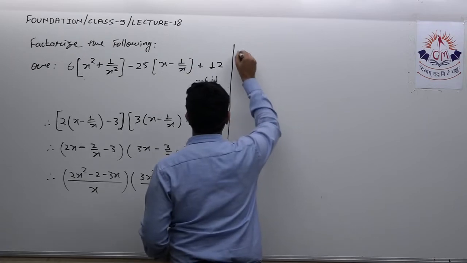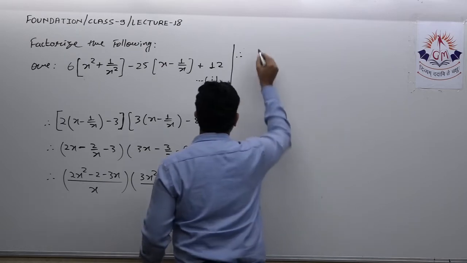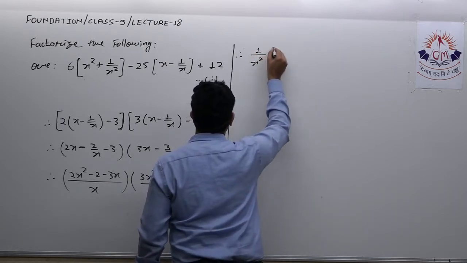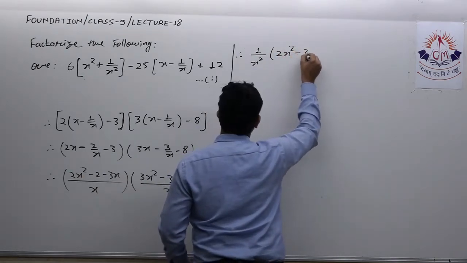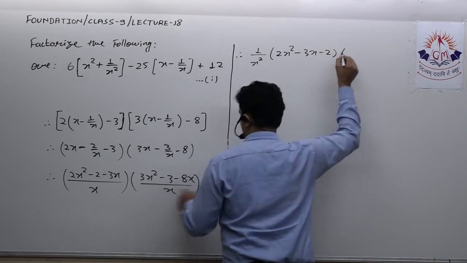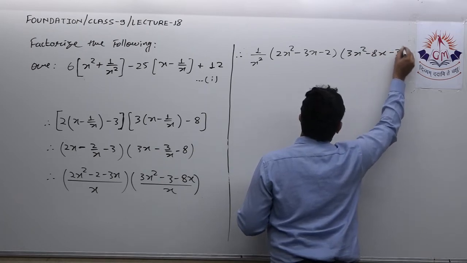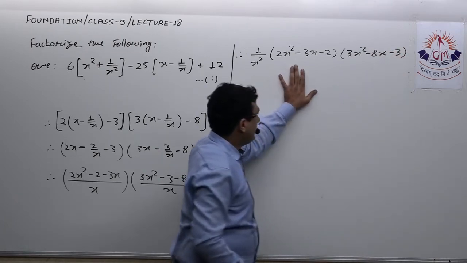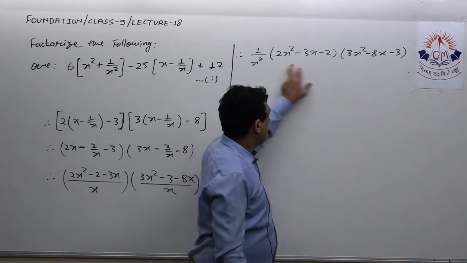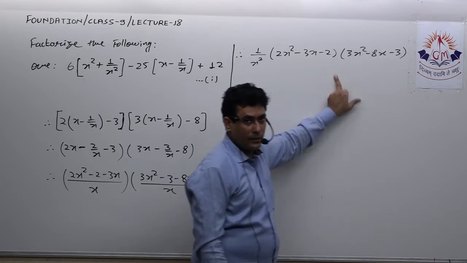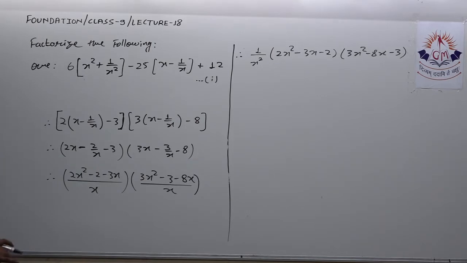So here I get 2x square, or I can do, see, this x and x, so here I am writing 1 upon x square, and remaining over here it is 2x square minus 3x minus 2, and over here 3x square minus 8x minus 3. So now I have to check whether it is possible to factorize these two further or not, because you can see these two are quadratic expressions. So again, it's your turn to think how to get these factors.